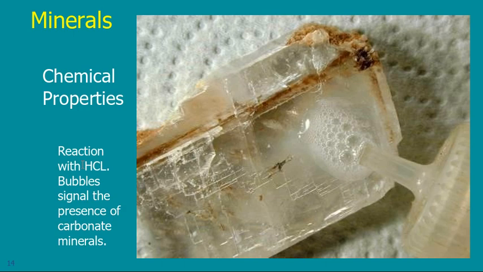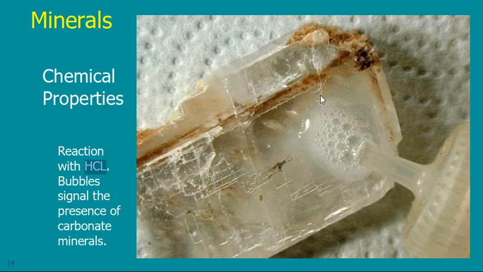Because it helps me as an engineer to differentiate between two categories of rocks that are very important for me. What are these? What happens when HCl is added to a rock?